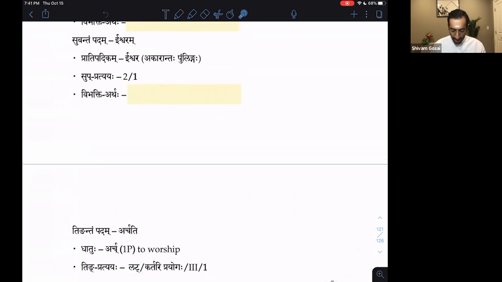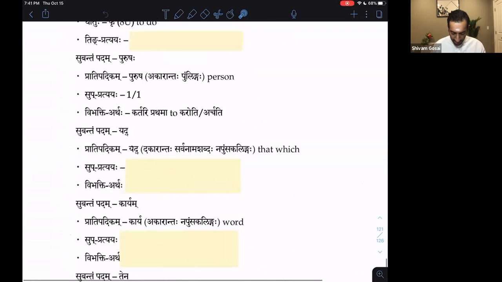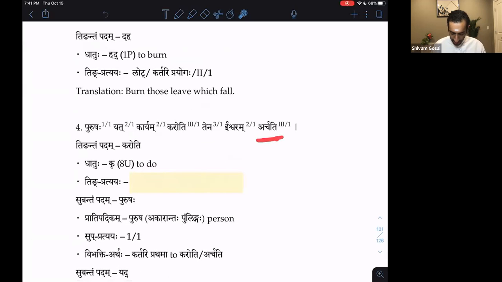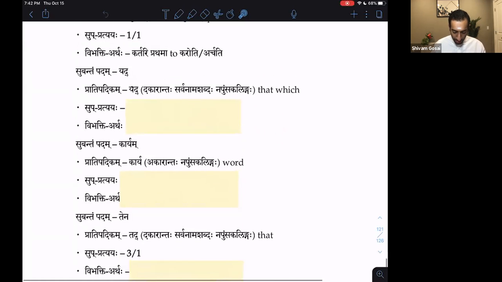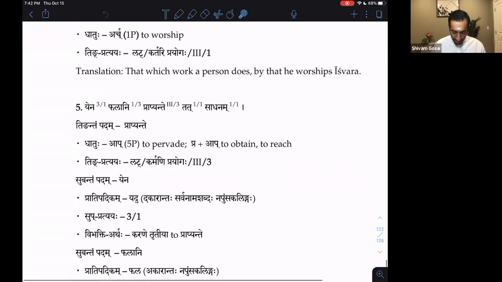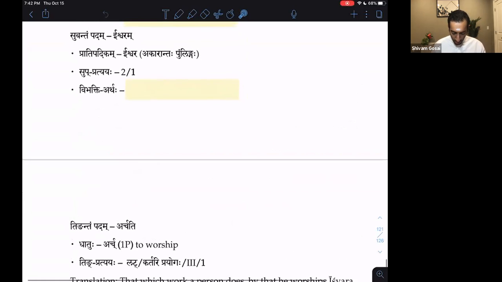Okay? Now, what is the karta of the sentence? We're not sure. We can use purushaha. It might go with that. So let's try purushaha. So purushaha, a person worships.